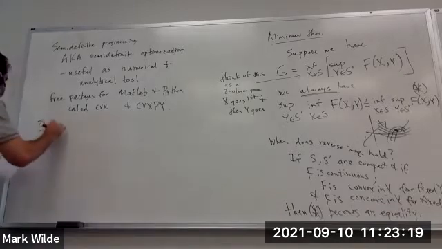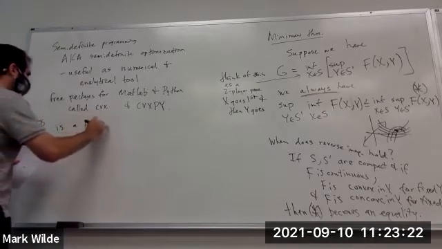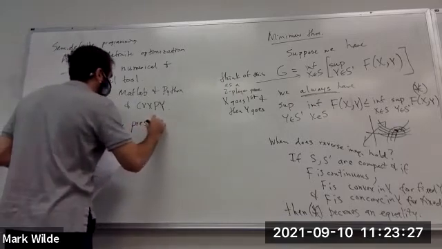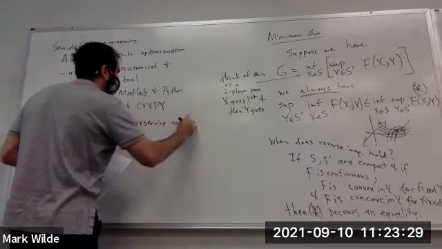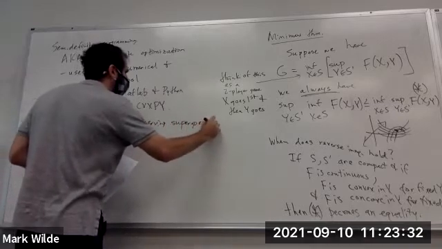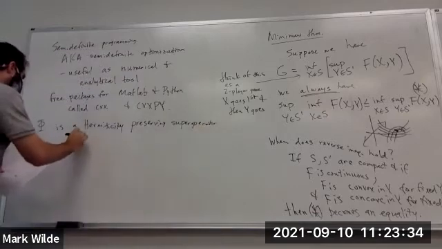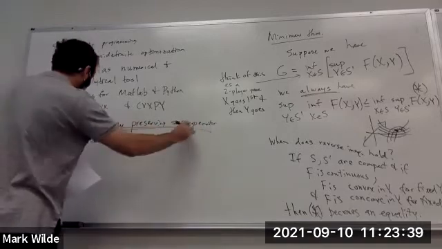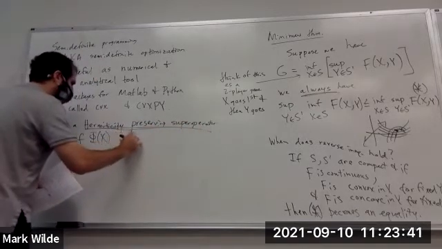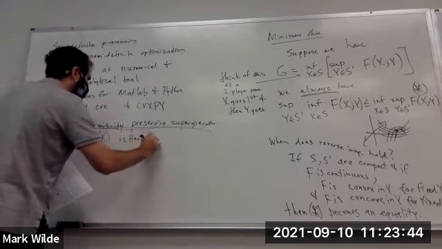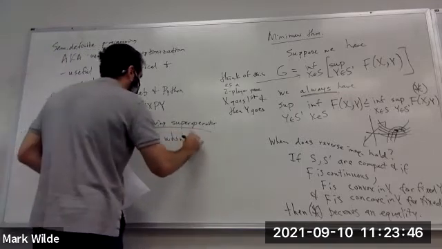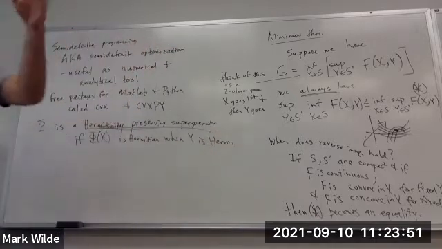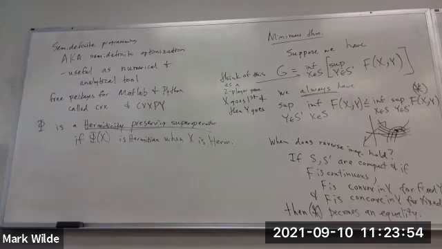So phi is a hermiticity-preserving superoperator if, as the name gives away, phi of X is Hermitian when X is Hermitian. So it's a superoperator that takes Hermitian to Hermitian. Okay?